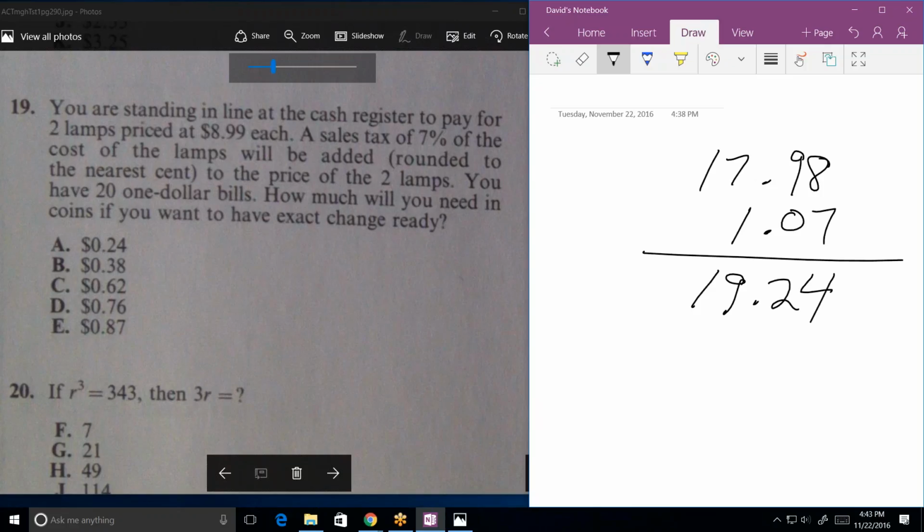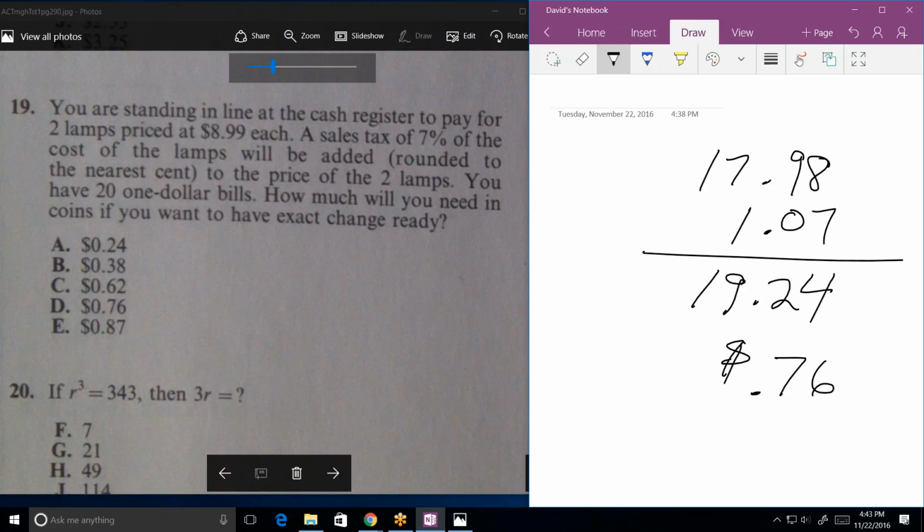How much will you need in coins if you want to have exact change ready? 24 cents. Right. And notice how easy it would have been to make a mistake here and figure that the change you get from your $20 bill is 76 cents. But notice you don't have a $20 bill, you have $1 bills.